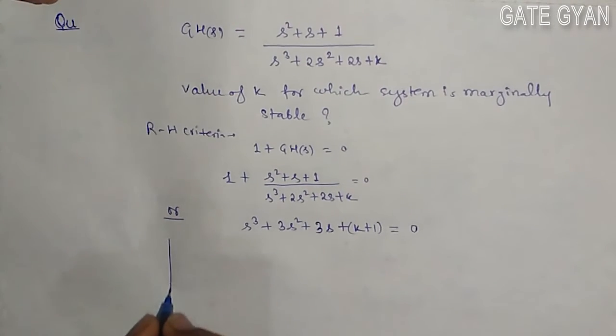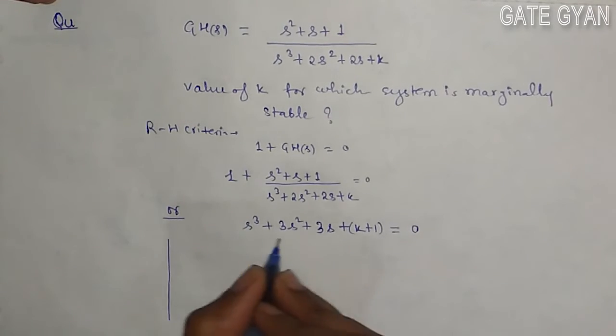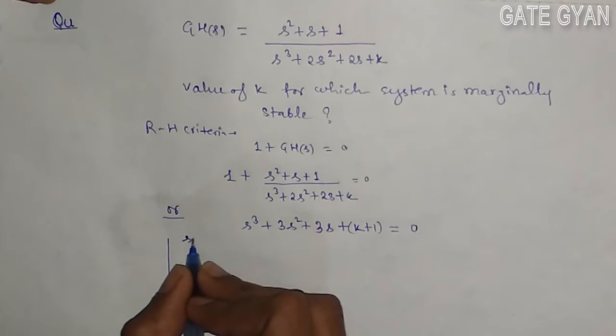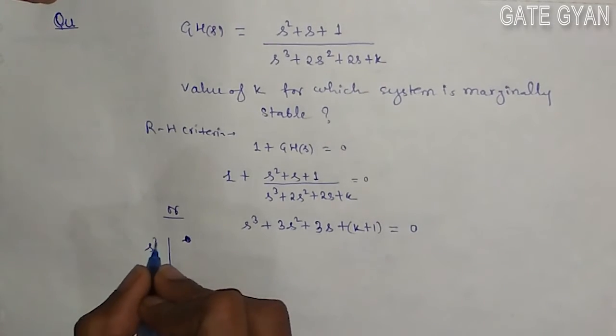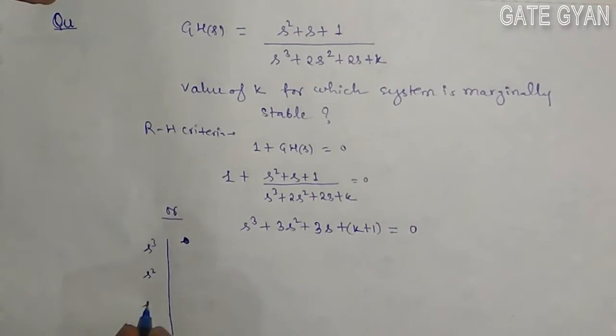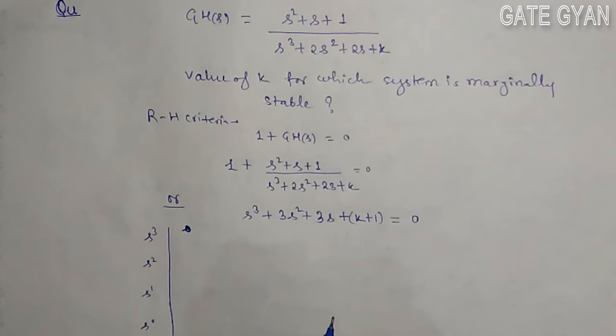Now by using RH criteria, we will write s cubed, s squared, s to the power 1 and s to the power 0.